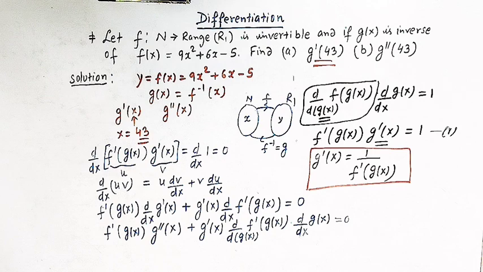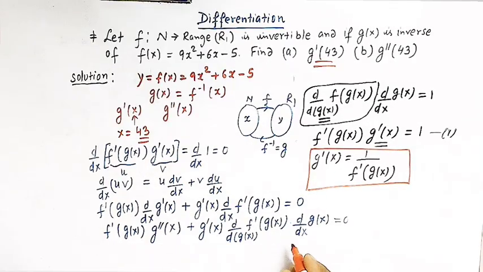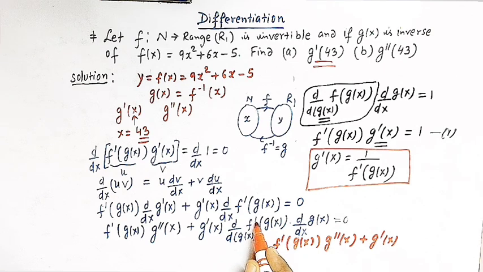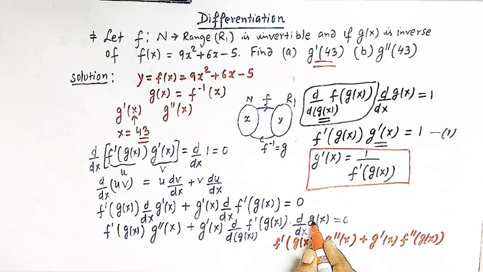Right, so now this expression can be written as f prime of g of x times the second derivative of g of x, times g prime of x, and here the derivative of f prime of g of x with respect to g of x is f double prime of g of x, and the derivative of g of x with respect to x is denoted by g prime of x, and this is equal to 0.